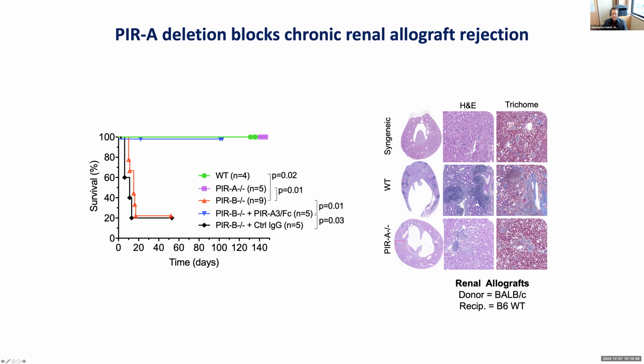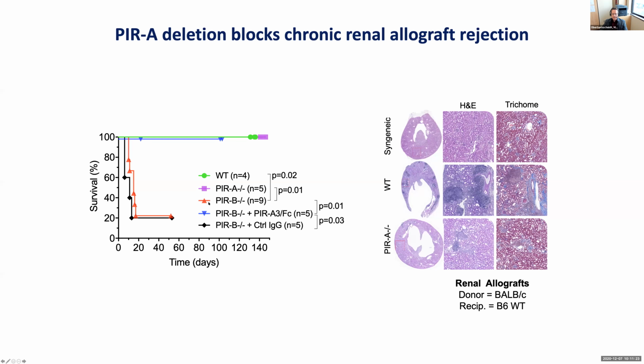As I told you, the kidney transplant model is a chronic rejection model. So the wild type donors and recipients lead to prolonged allograft survival. If we transplant a kidney into PIR-A knockout recipients, we also got prolonged allograft survival. So that's not different from the wild types.